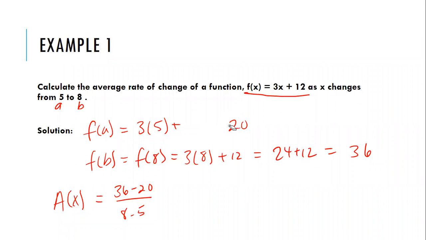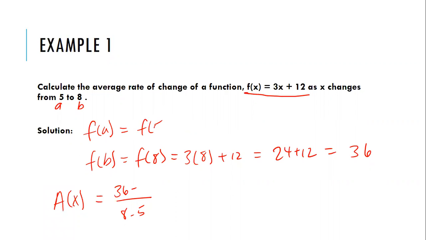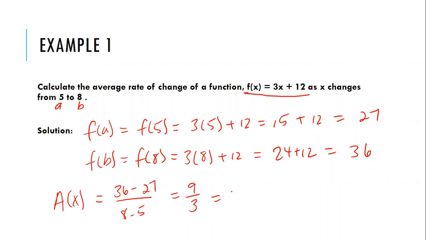I should have written it all the way out. That is not correct. Sleep is important. F of 5 equals 3 times 5 plus 12, which equals 15 plus 12, which equals 27. Let's try that again. So we have 9 over 3, which equals 3.